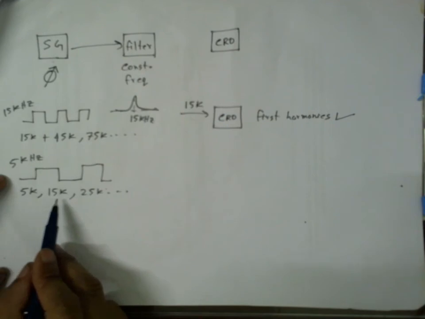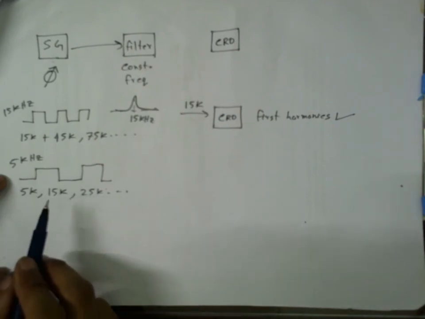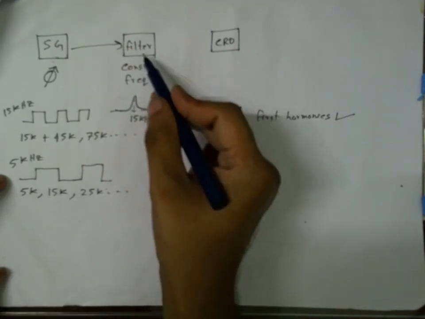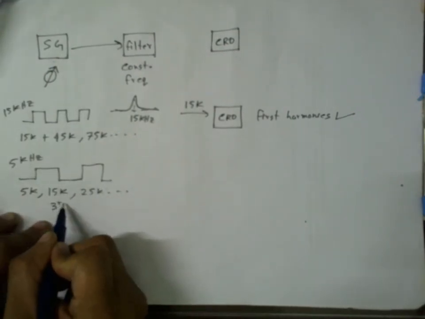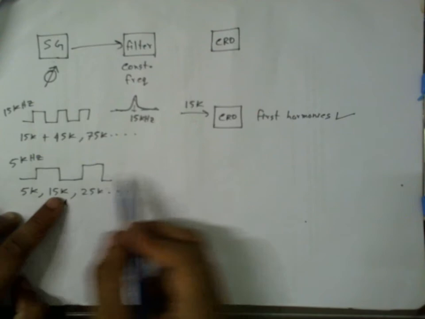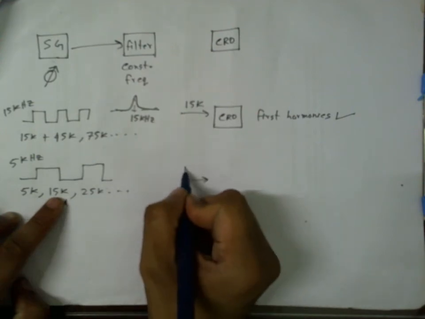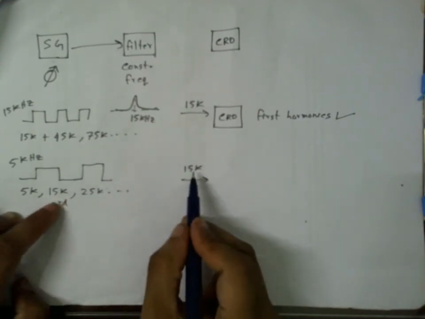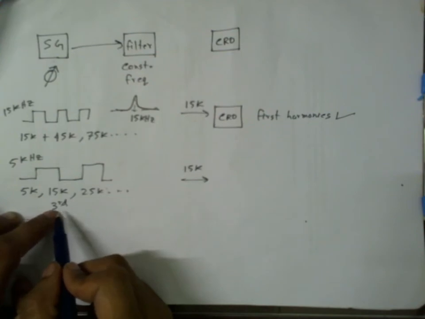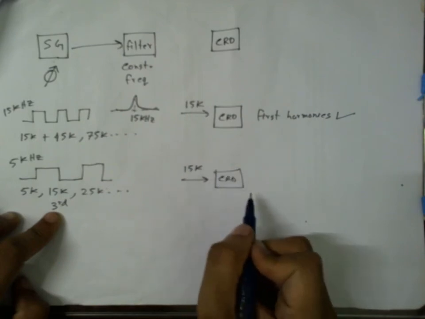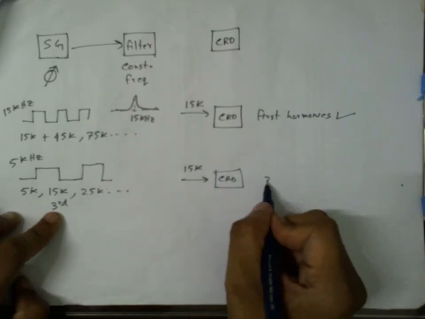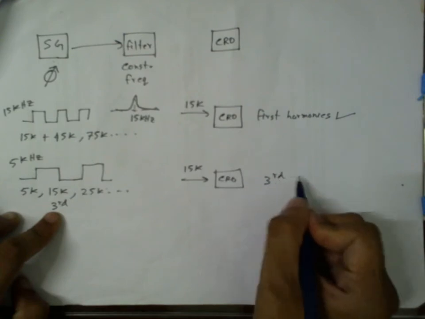Through this filter, only 15 kilohertz, which is nothing but the third harmonics in this case, can pass. So once again the same 15 kilohertz frequency will pass, but here it is the third harmonics. I can measure the amplitude in the CRO, and then I know the amount of third harmonics.